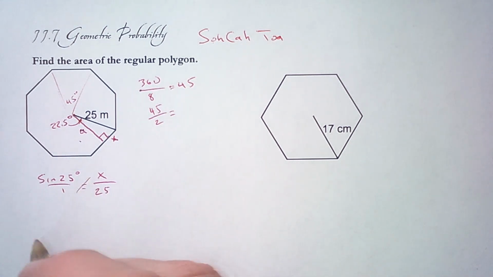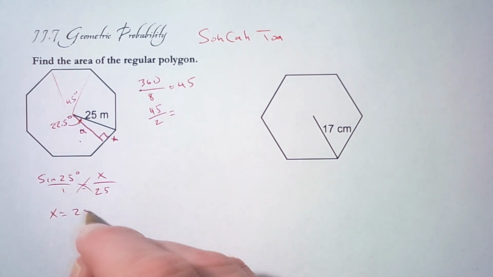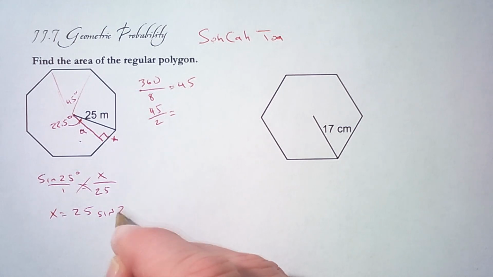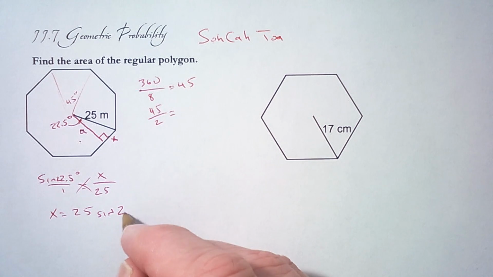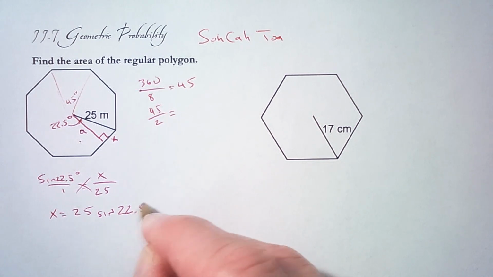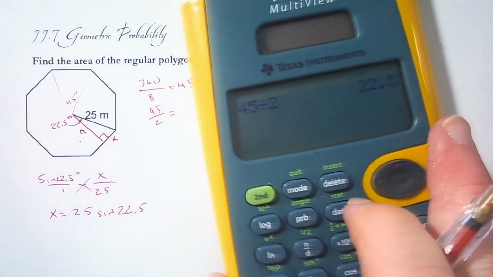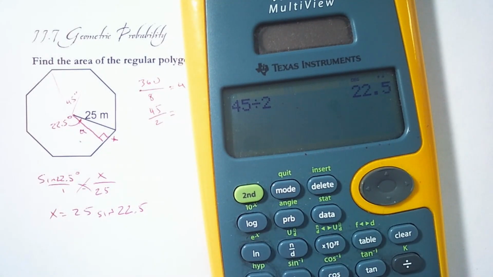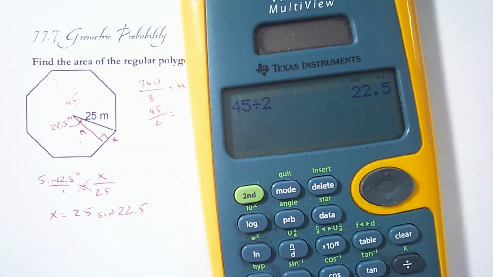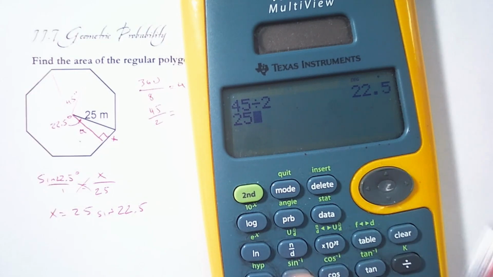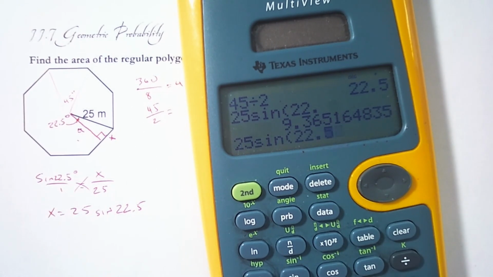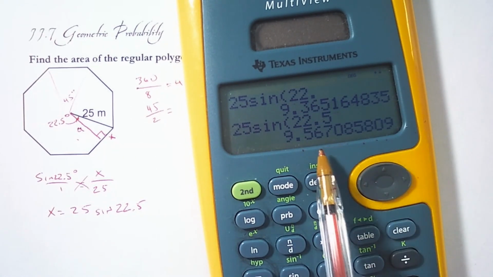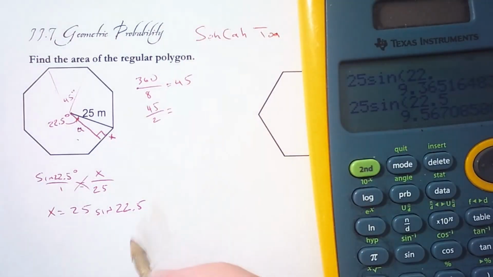I can cross multiply, so I get x equals 25 sine 22.5. Oh, missed my 0.5 there. I'll try that again. 25 sine 22.5 is 9.57.